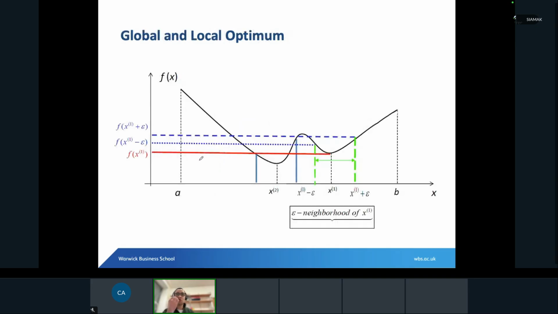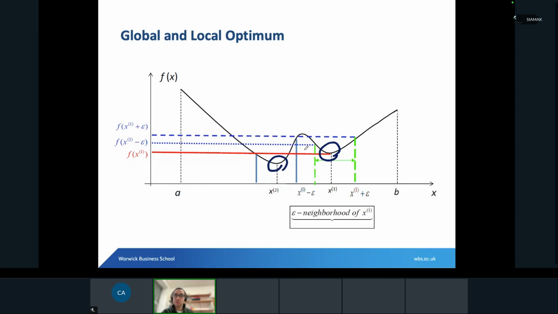Now, formally, we should write the definition of neighborhood in this way. This is another point that we have. X2 is this point, and this is X1. Obviously, we can see here that X1 is a local optimum, while X2 is the global optimum.